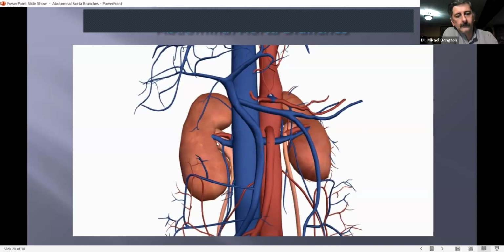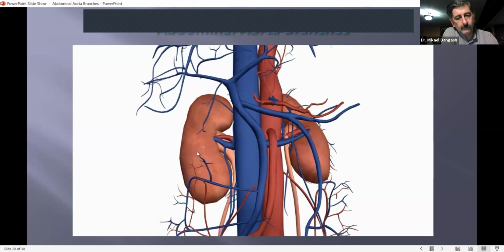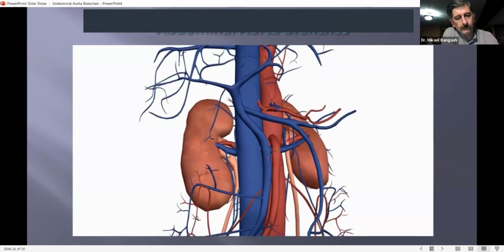And the right renal vein is a little bit shorter because it doesn't have to travel across the aorta. So the order of the structures passing into the hilum from anterior to posterior is vein, artery, and ureter.